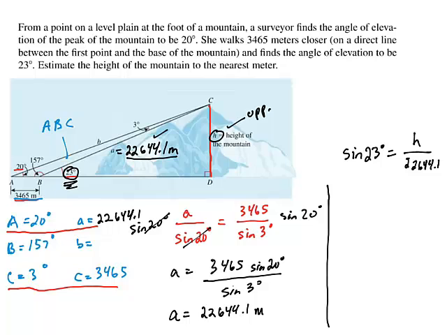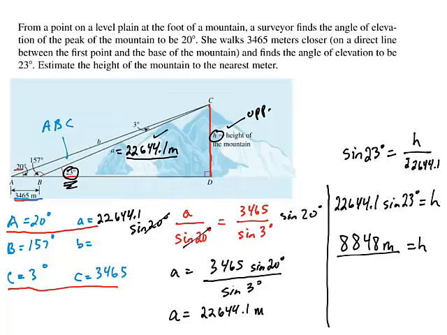So multiply both sides by 22,644.1 sine 23 degrees, and that will give us the height. And typing that into the calculator, I get 8,847.7, so 8,848 meters is the height.